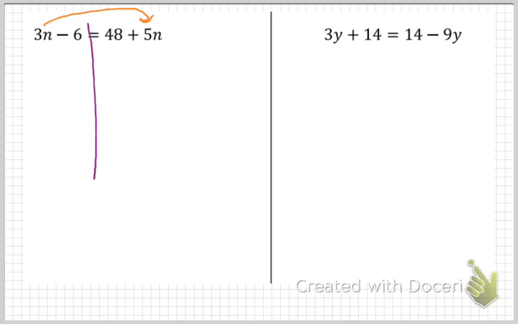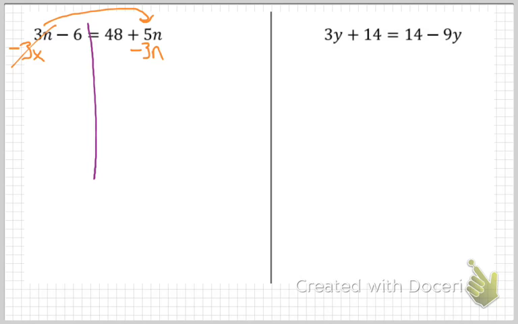I'm going to move the 3n to be with this buddy, the other n over there. And right now, in front of the 3, we don't see anything visible. That indicates that it is a plus 3n. So the inverse will be to subtract the 3n, and we're going to subtract it right over here, right underneath the like term. Those cancel out, 0 pair.